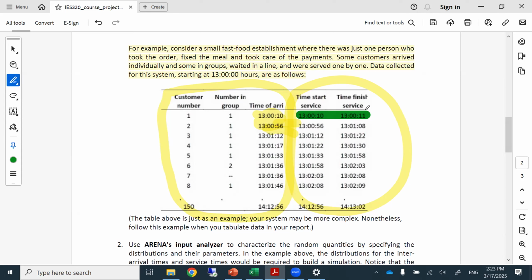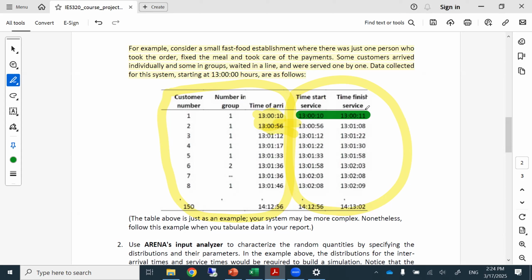Okay, so at the end, we will have data in terms of arrivals and processing times. From here, you can gather things like how many people were served or expected to be served in, let's say, half an hour or 1 hour. Try to collect data for the same amount of time.